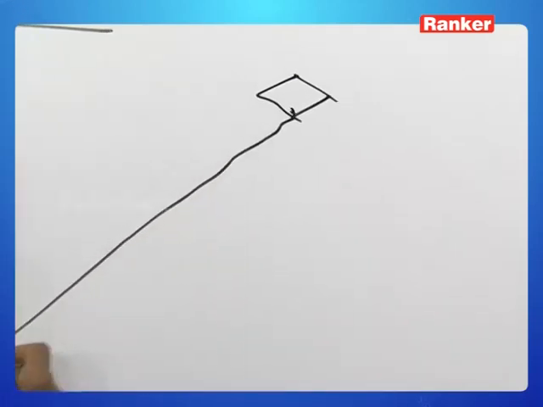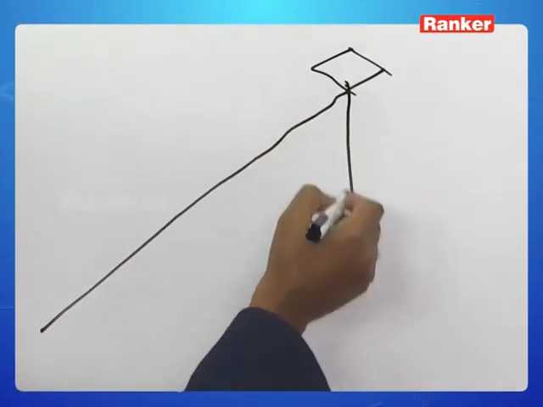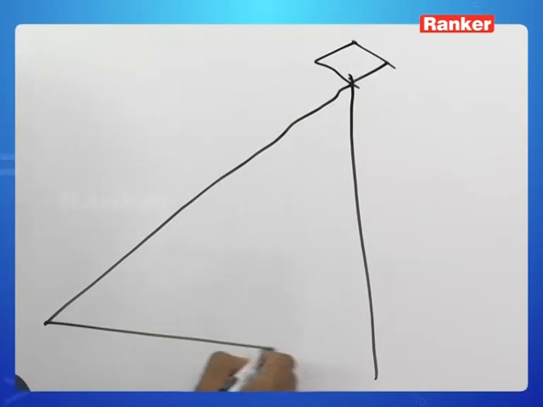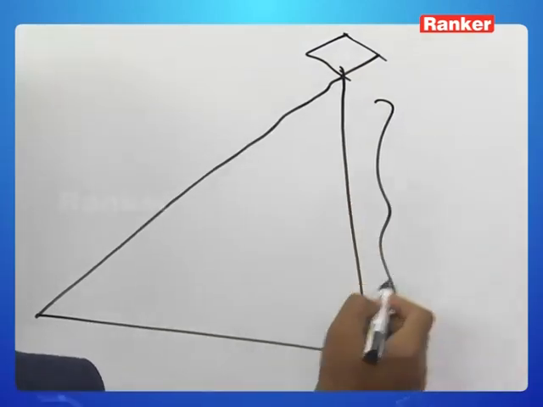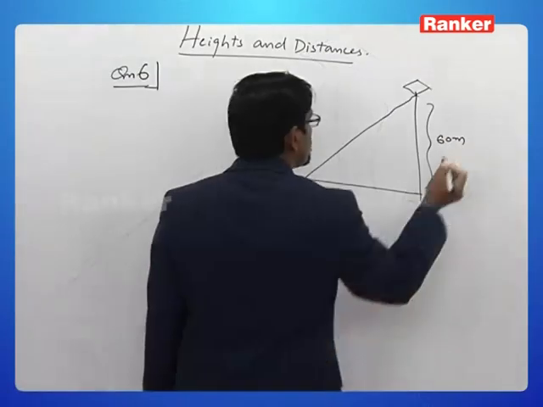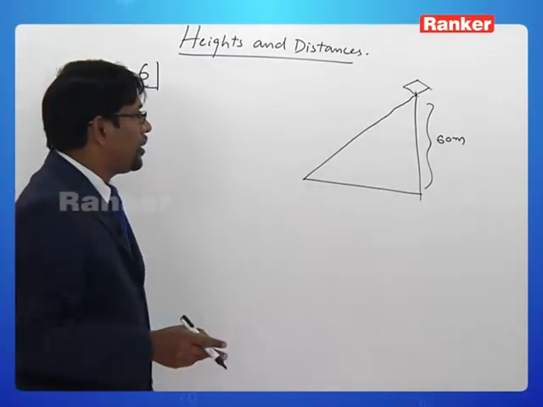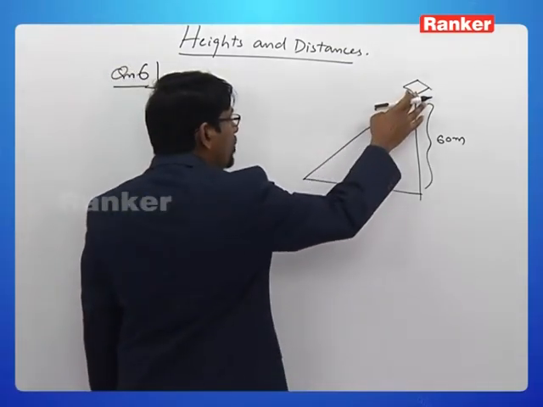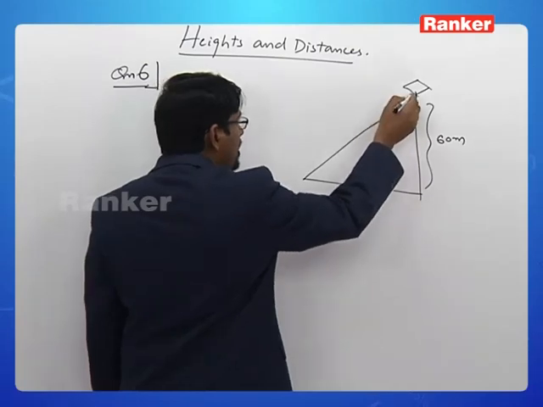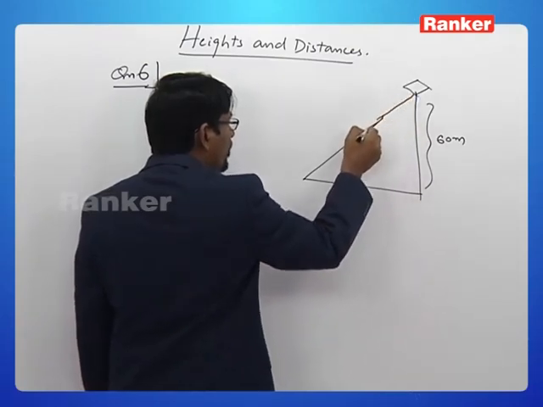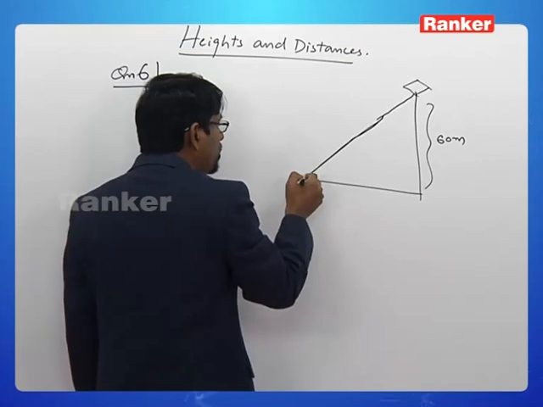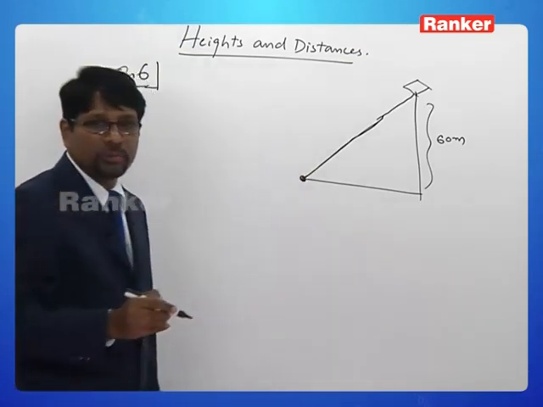flying at a height of 60 meters from the ground. The string here has no slack, in the sense it's tight, and it is tied to a point on the ground.